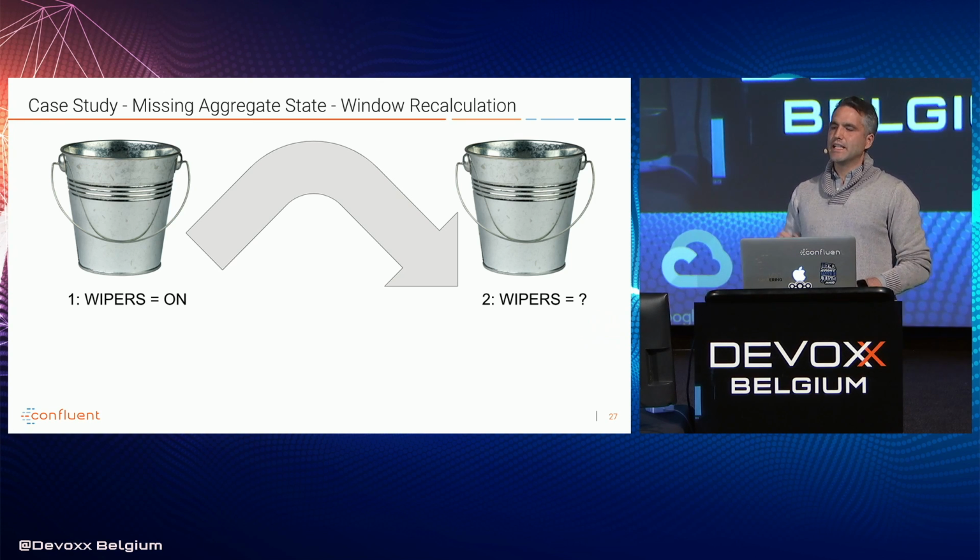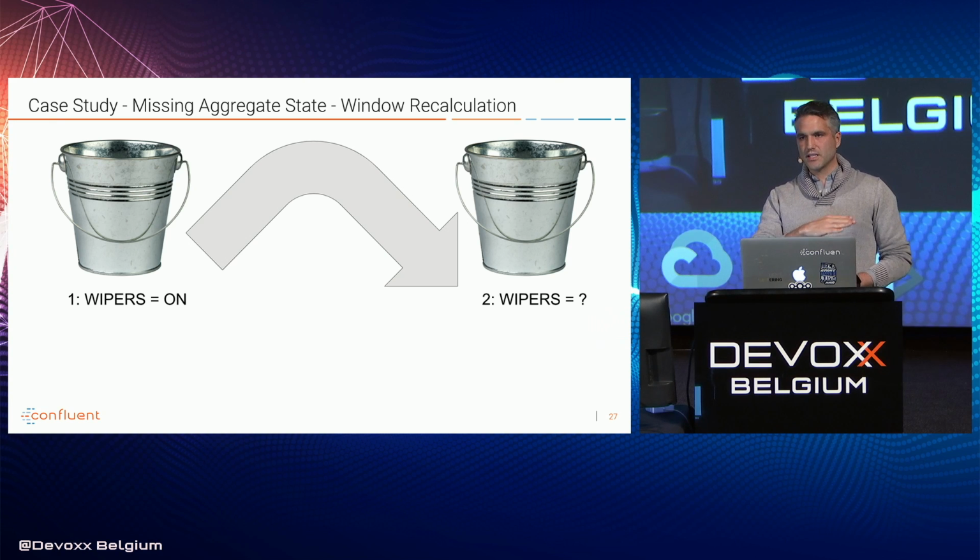So for example, if the windscreen wipers are on and stay on for 3 hours, every 5 minutes when it reports its state, it doesn't include the windscreen wipers because their state has not changed. So at time 1, we receive a message saying they're on, and then at time 2, we receive another message of state from that truck, but the wiper state is missing because it hasn't changed. So we can only assume the wipers are still on.